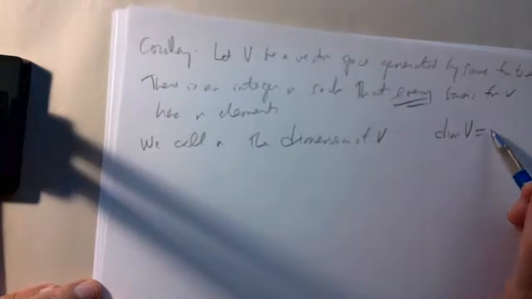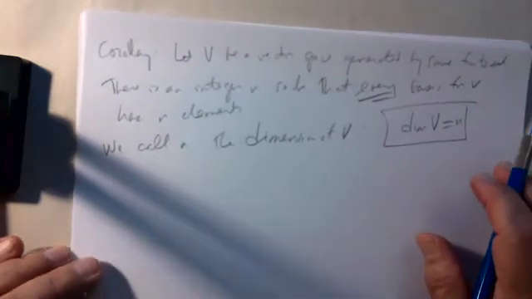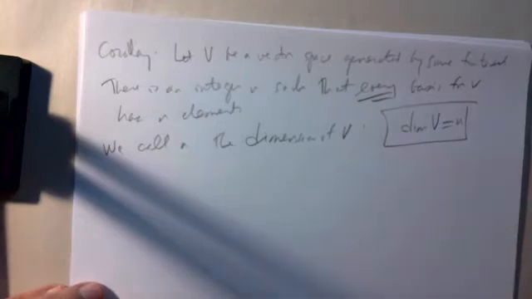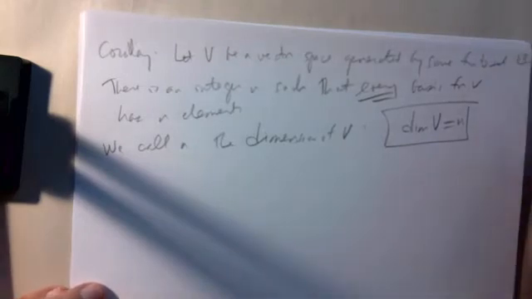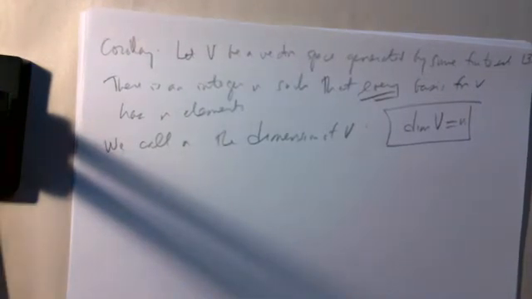Dimension of V equals n. And what we just proved is that the dimension of a vector space is well defined. So for every vector space, there is a unique dimension.